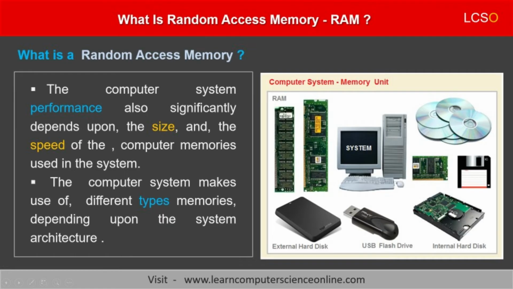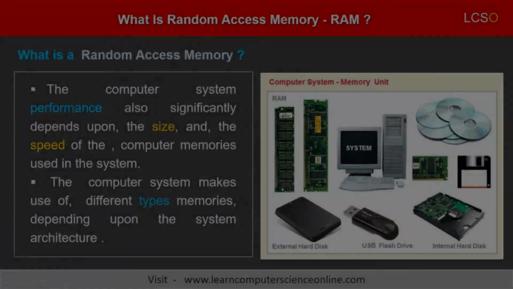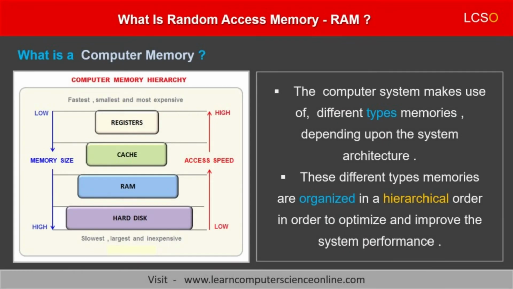However, the system performance significantly depends upon the memory size and the operating speed of the main memory RAM and the processing speed of the computer system. The computer system makes use of different types of memories, organized in a hierarchical order, depending upon the system architecture. These different types of memories are organized in a hierarchical order in order to optimize and improve the system performance.